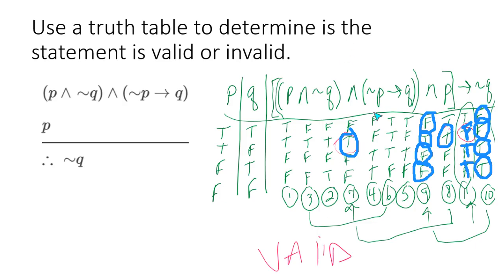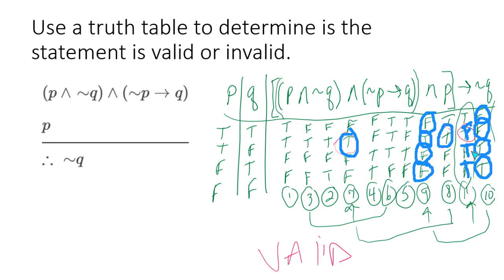So negation Q is going to be false, false, true, true. So that's okay. And we're going to use this one. So false and false is going to be true. And then true and false is going to be false. So that's okay. And then false and true is true.